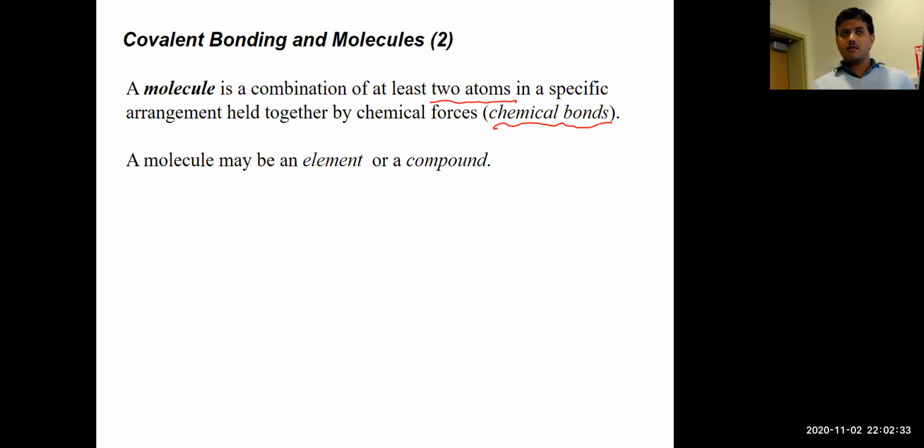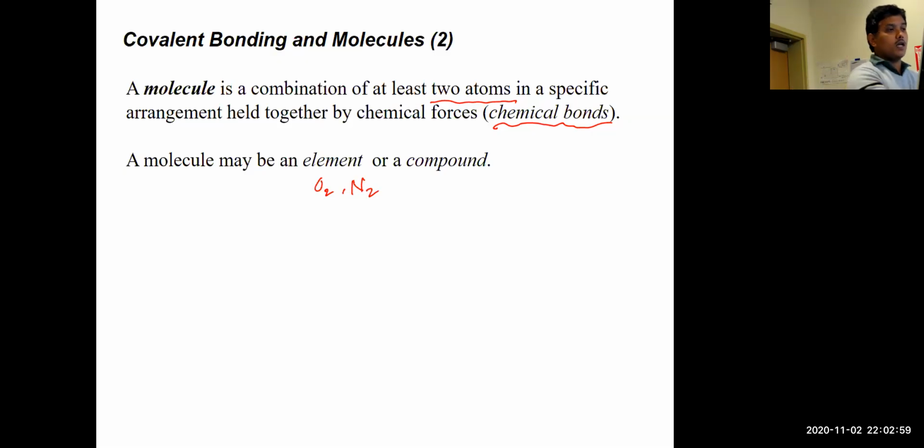There are some elements that exist in the form of diatomic elements. Most popularly, oxygen, the oxygen gas that we inhale every day exists as a molecule, not a single oxygen. It is stable as O2, and so is nitrogen. So they are stable as diatomic molecules. Those are just two examples.